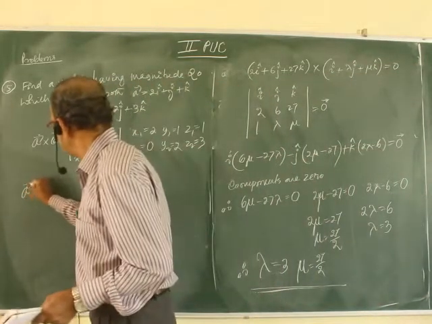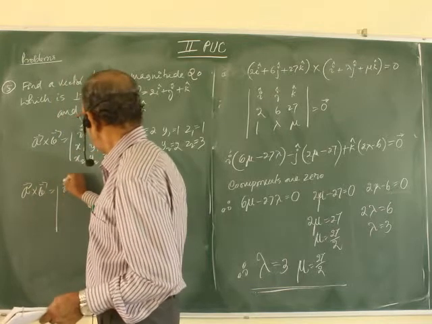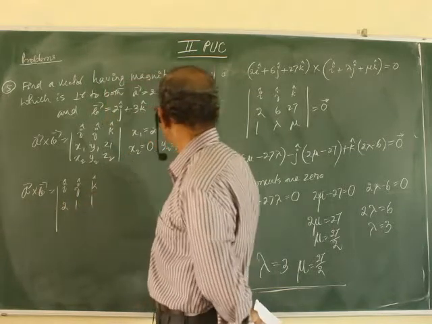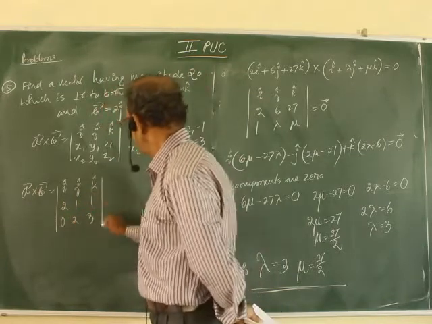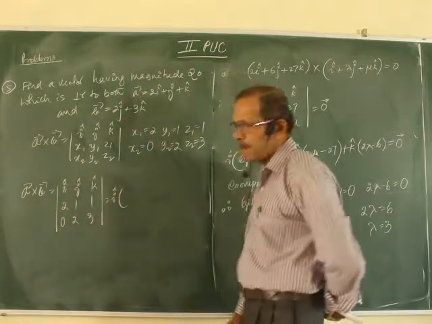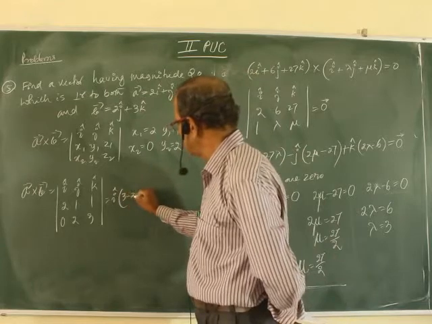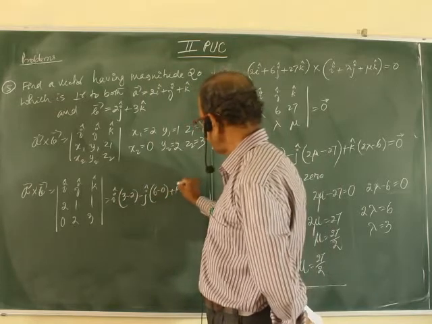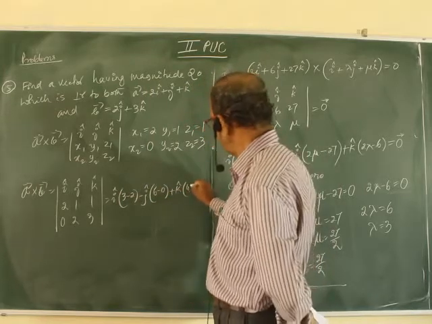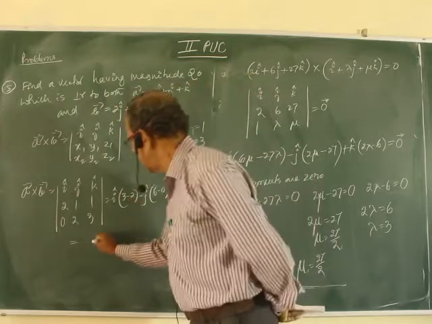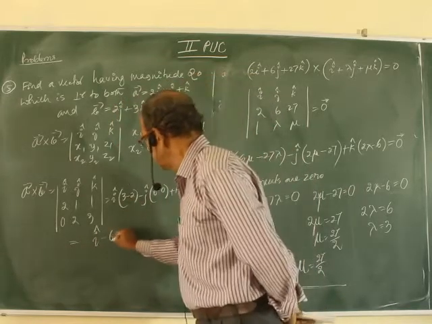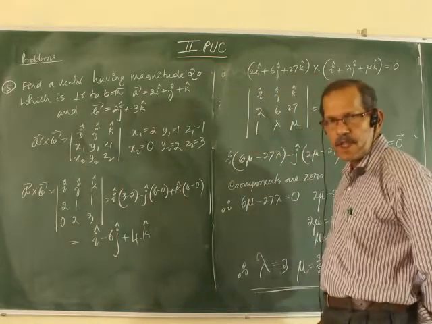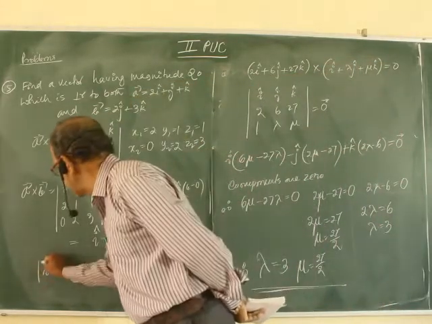A cross B equal to i j k, 2, 1, 1, 0, 2, 3, equal to i into 3 minus 2, minus j into 6 minus 0, plus k into 4 minus 0, or it is i minus 6j plus 4k.